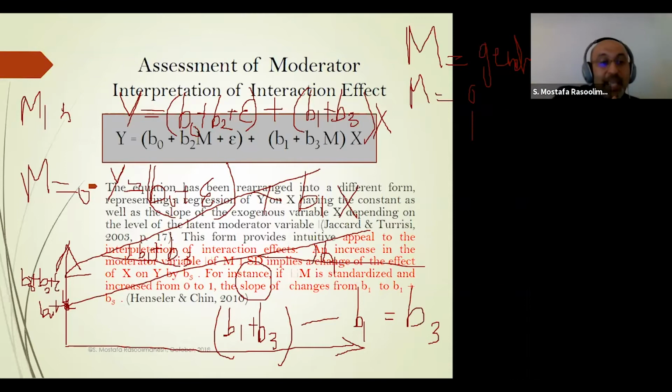And when that effect is stronger, it means the moderator or interaction effect is positive.